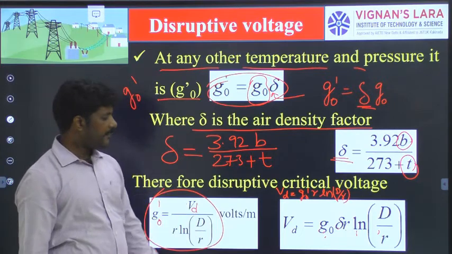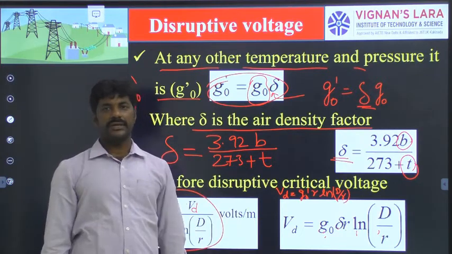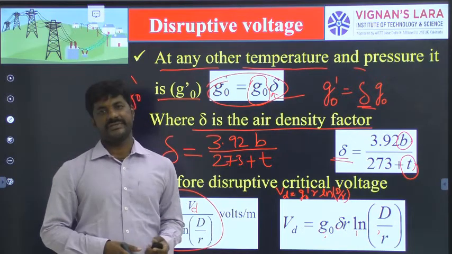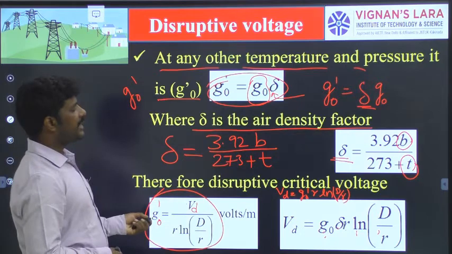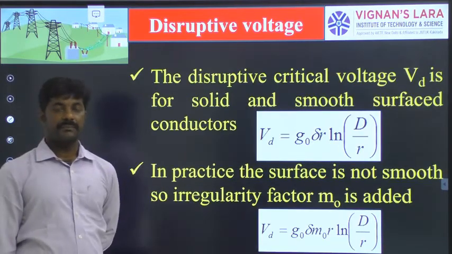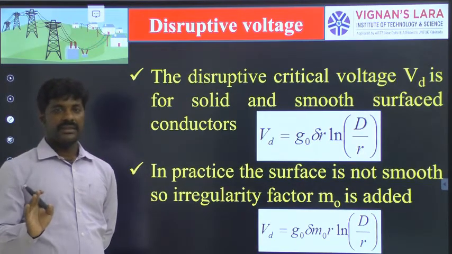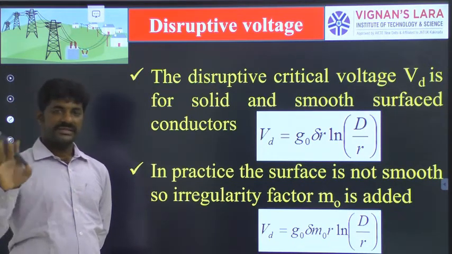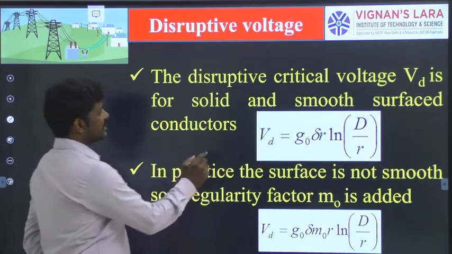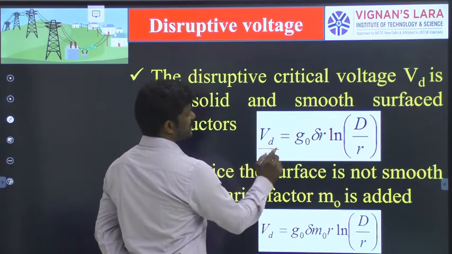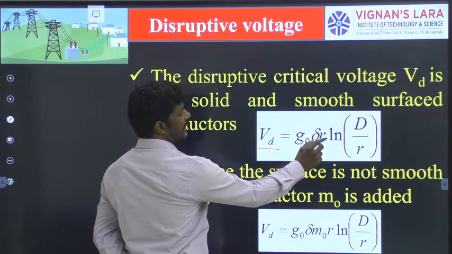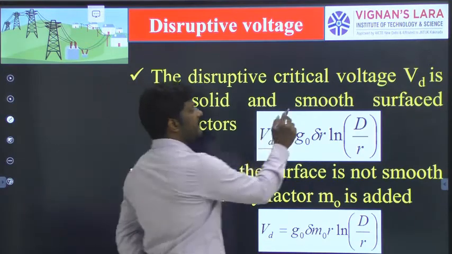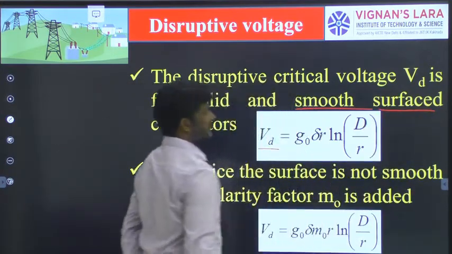This is the magnitude of the disruptive critical voltage, assuming that the surface of the conductor is smooth. The occurrence of corona, meaning the voltage at which the air around the conductor starts ionizing, also depends upon the surface. So VD is equal to G naught delta R ln of D by R with the condition applied: the conductor has a smooth surface.